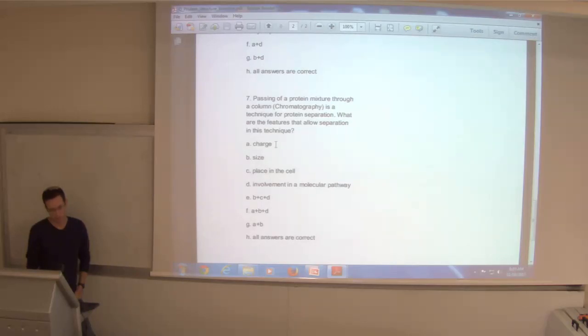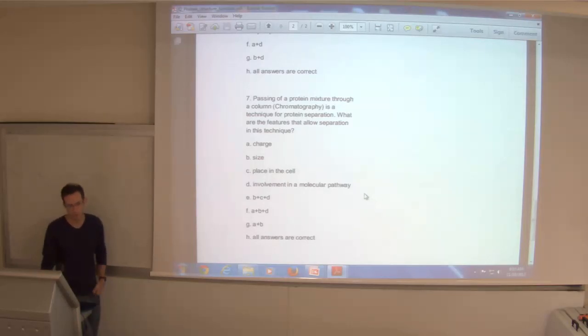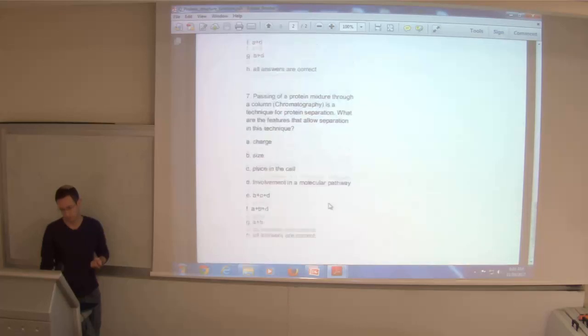So charge is true and size is true. What about C, place in the cell? Not really. Involvement in molecular pathway, again, not really. A protein can have this or that charge or size and be involved in this or that process. So it's A and B.